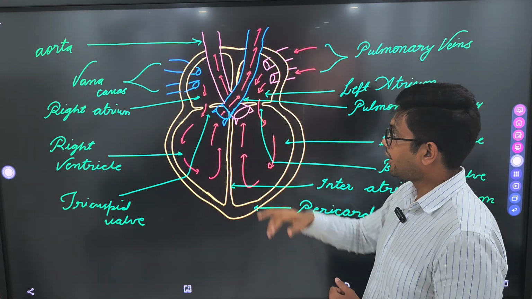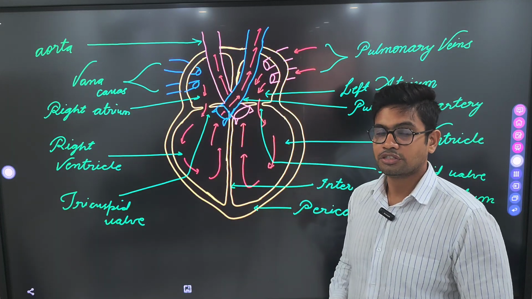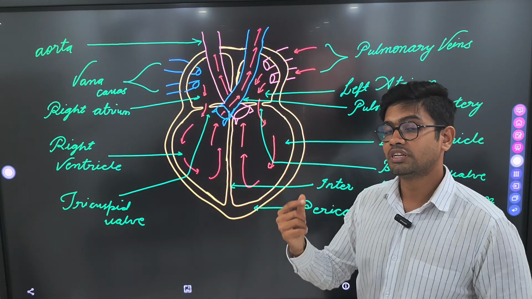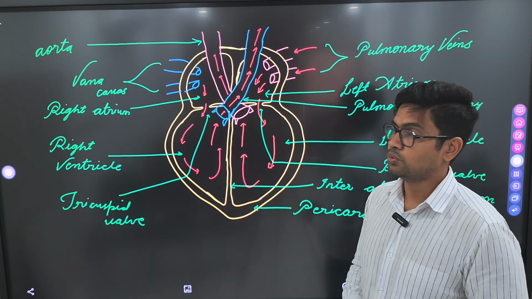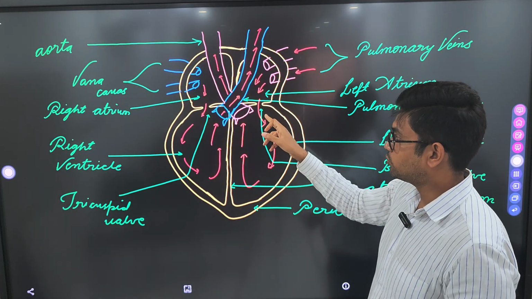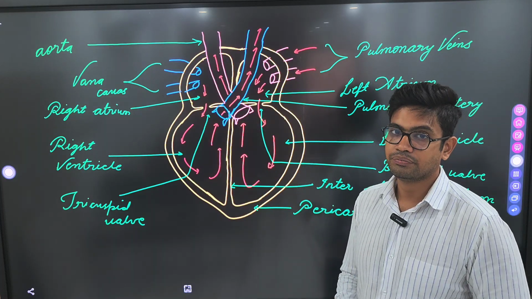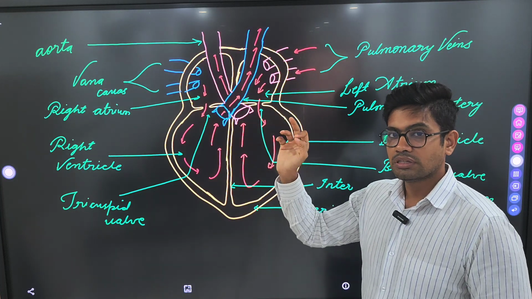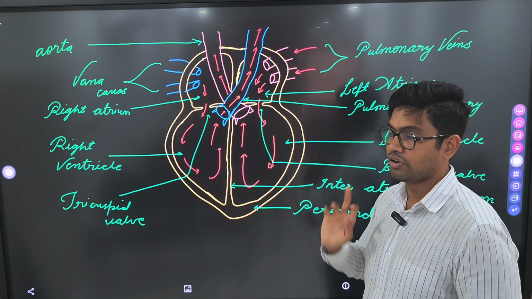Now again the sinoatrial node, which is located somewhere here, generates action potentials. Both the atria undergo contraction, there is atrial systole, and through the bicuspid valve the blood is pumped into the left ventricle. Now the same action potential is transferred to the AV node and Purkinje fibers.